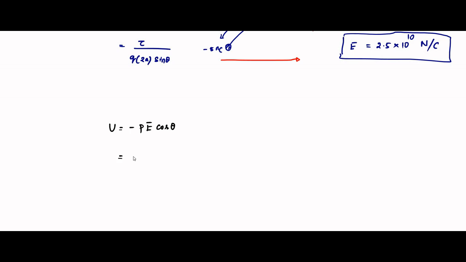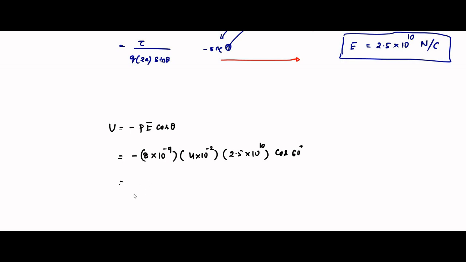So again, minus Q into 2a, that is 8 × 10^-9 into 4 × 10^-2, into 2.5 × 10^10, into cos 60 degrees.